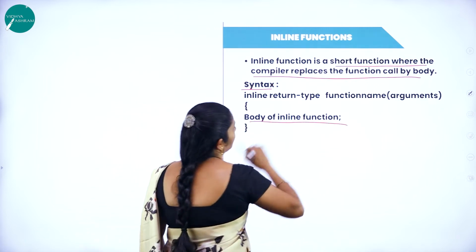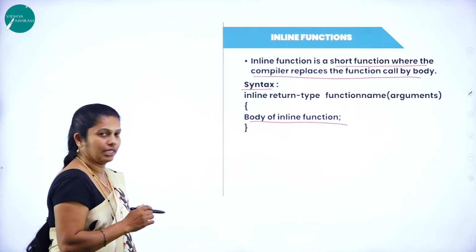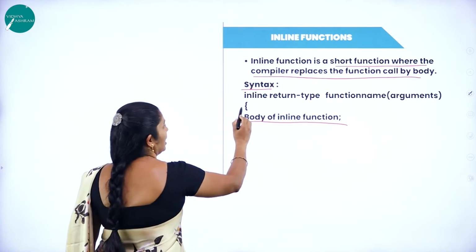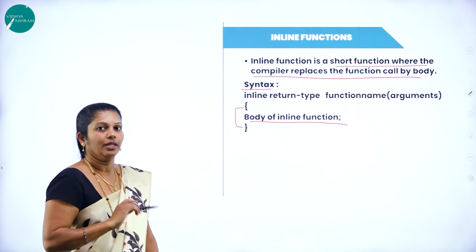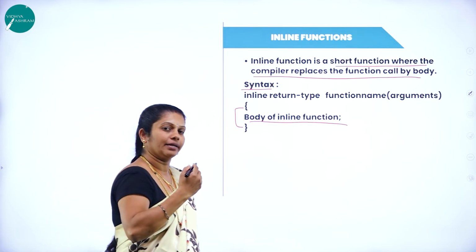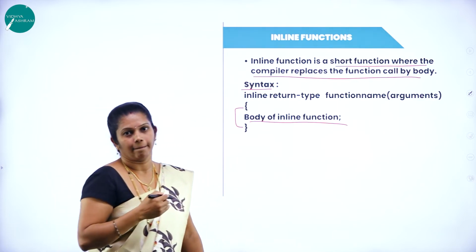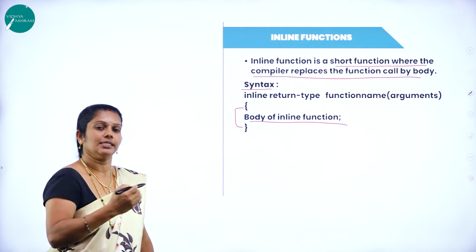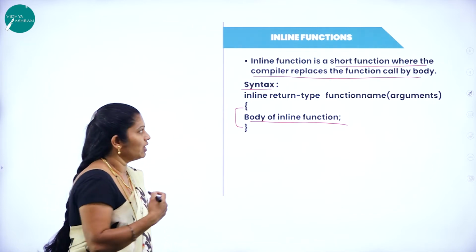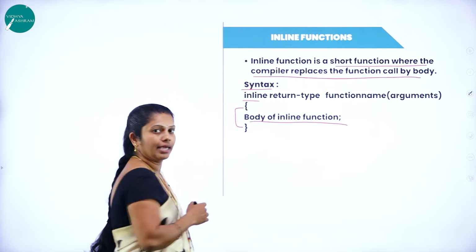Then whatever you want in the body of the inline function, you write. Then afterwards you close it. It means that the statements are written inside the class only, and here we are using inline as the keyword.